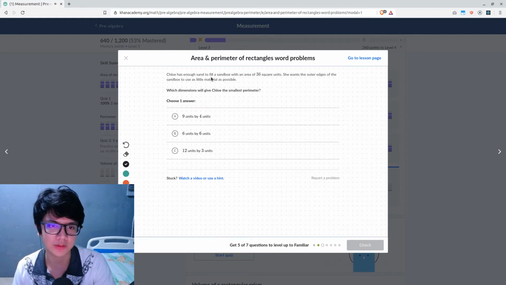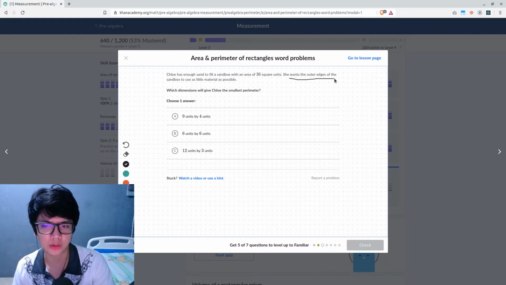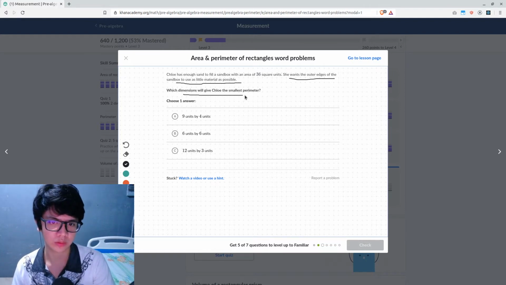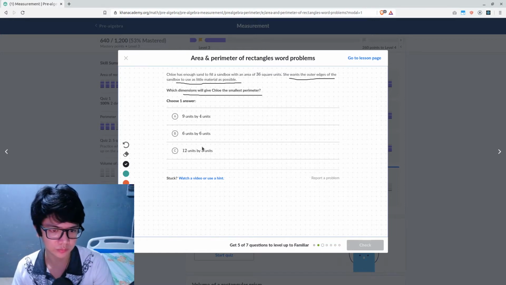Chloe has enough sand to fill a sandbox. She wants the outer edges of the sandbox to use as little material as possible. Smallest perimeter. Oh, okay. So this one's 36.